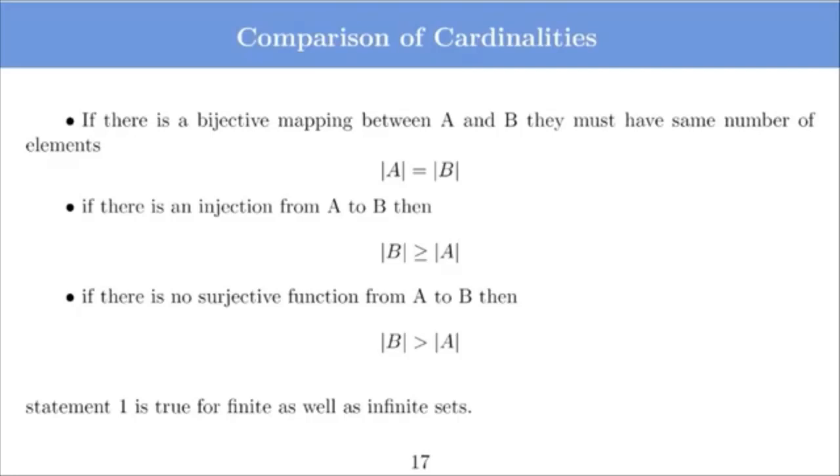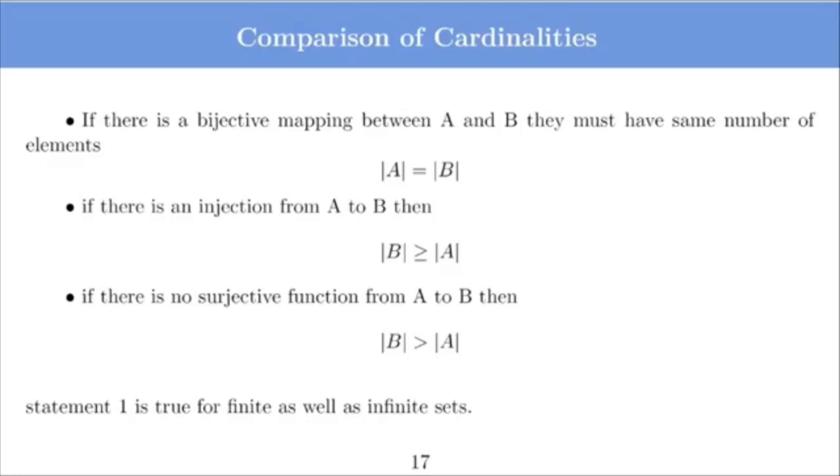Now these statements are also true for infinite sets, right? If you have two infinite sets and you can find a bijective mapping between them, then we say that both have the same cardinality. And it looks intuitive, right?